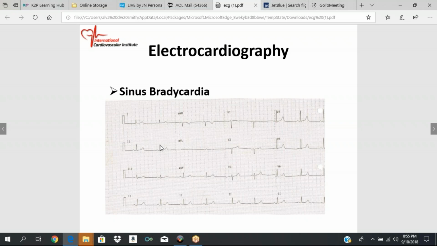The heart rate here is 300 divided by 6, which is 50. Sinus bradycardia means the heart rate is less than 60. So this is a heart rate of 50, so it's bradycardia.